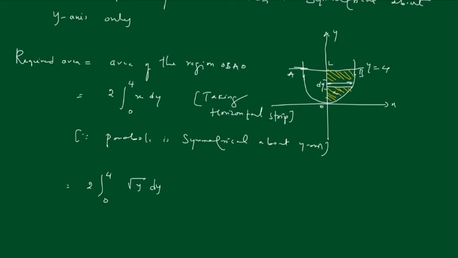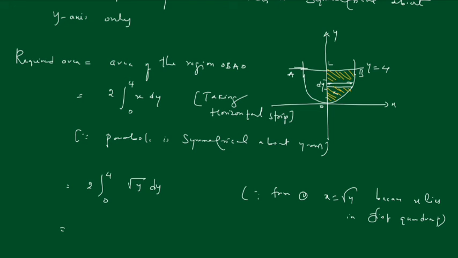So already it is given from equation 1. From equation 1 we have x equals to root y, because x lies in the first quadrant.